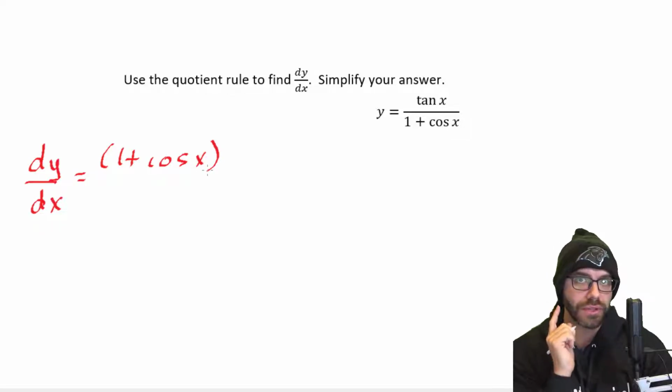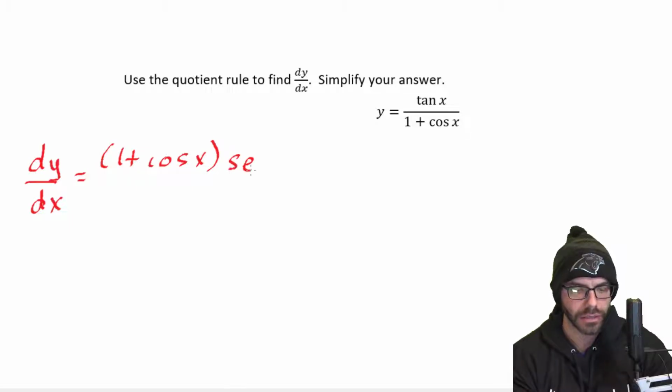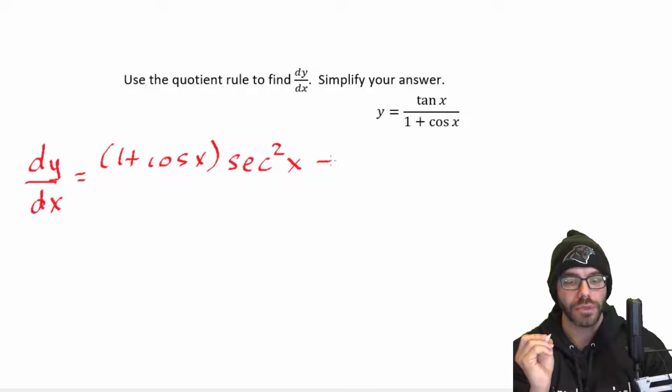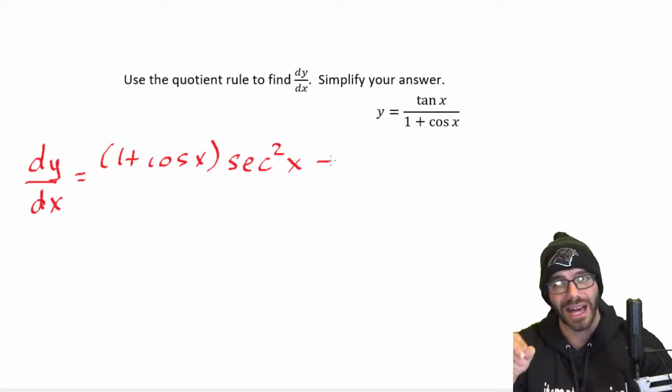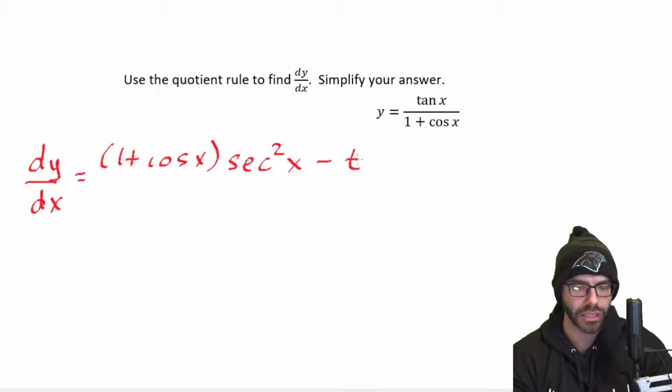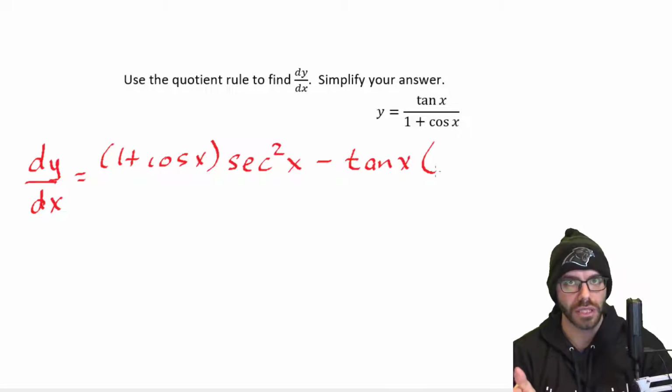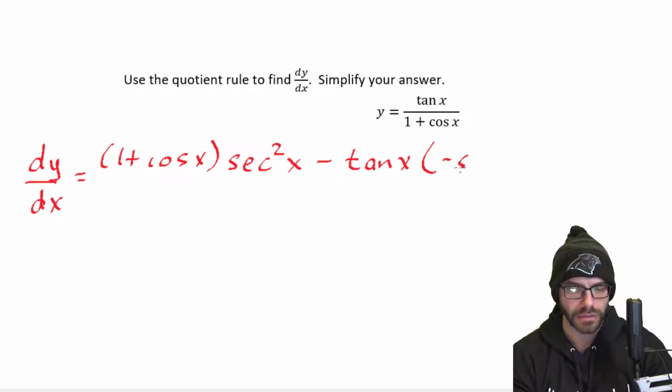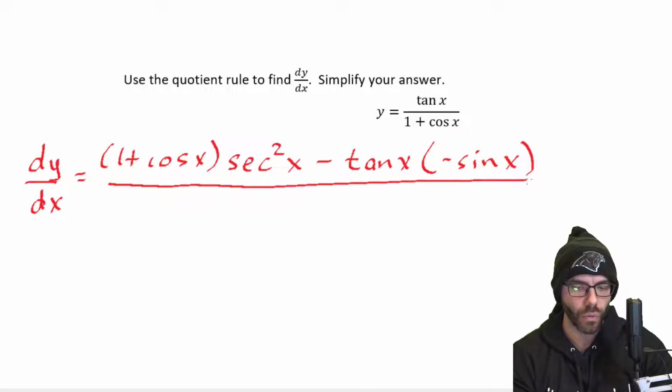So the derivative of tangent x is secant squared x, and then minus, so we got low d high minus high d low, so minus tangent x times the derivative of 1 plus cosine x. The derivative of 1 is 0. The derivative of cosine x is negative sine x. So now that's all over 1 plus cosine x squared.